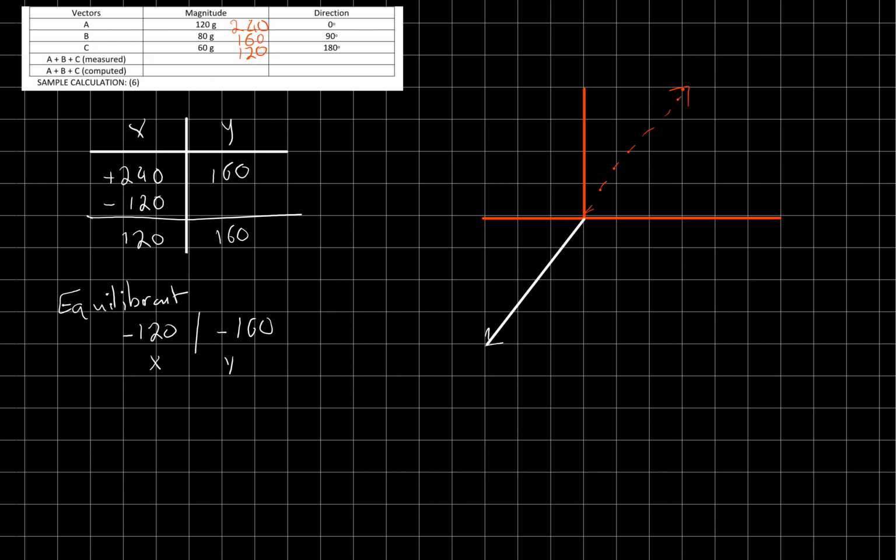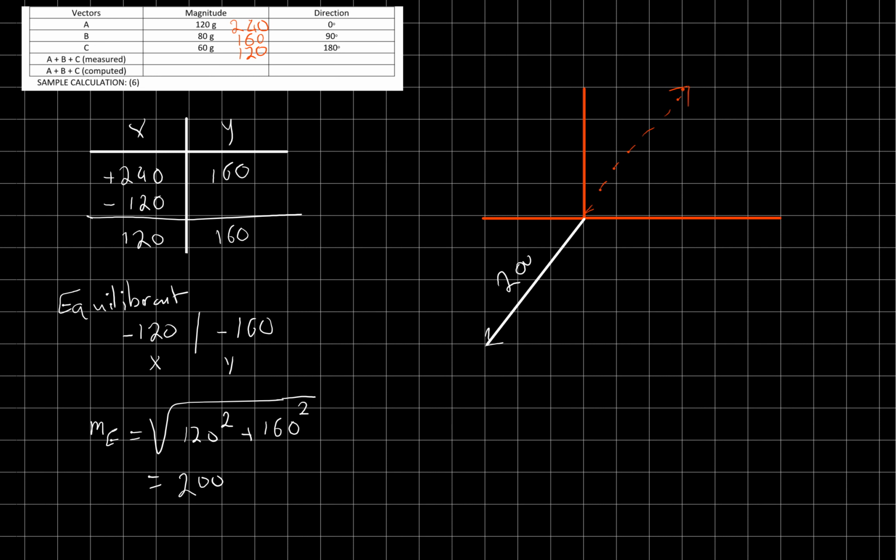Okay, so if you want to find the magnitude of the equivalent force, that's going to be the square root of 120 squared plus 160 squared. We take the square root of the sum of these squares, and we end up with 200. So this magnitude is 200.